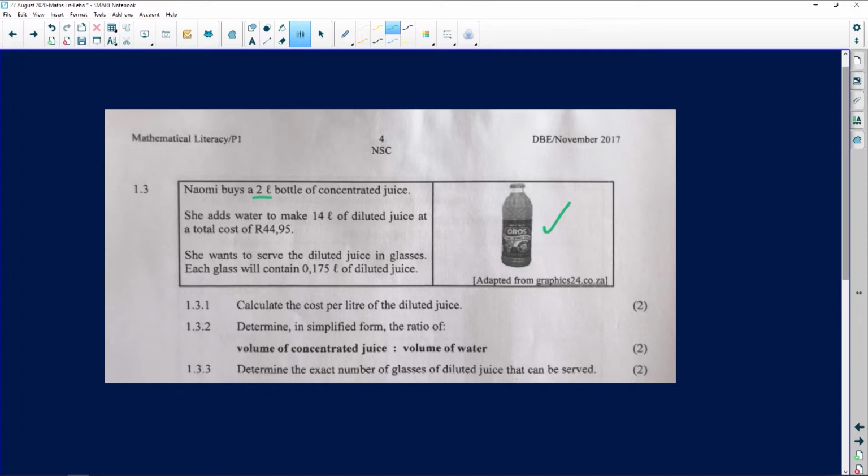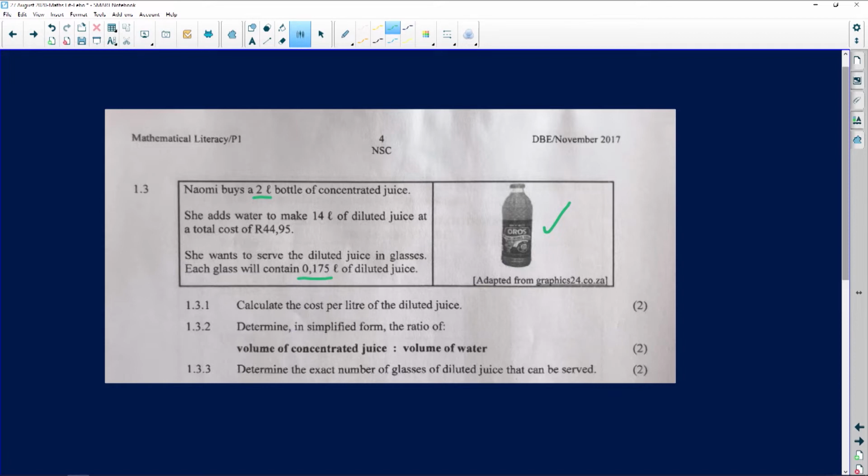So she takes this Oros and adds water, and it makes 14 liters in total of diluted juice at a total cost of 44 Rand and 95 cents. She wants to serve the diluted juice in glasses. Each glass will contain 0.175 liters of diluted juice. So that's the information that we have.